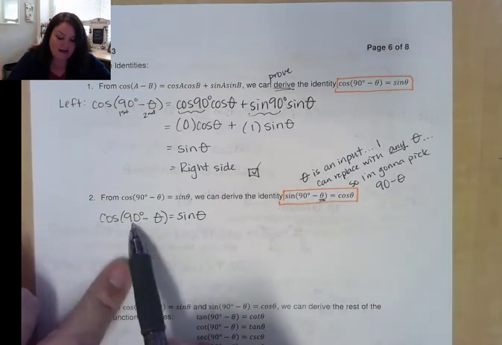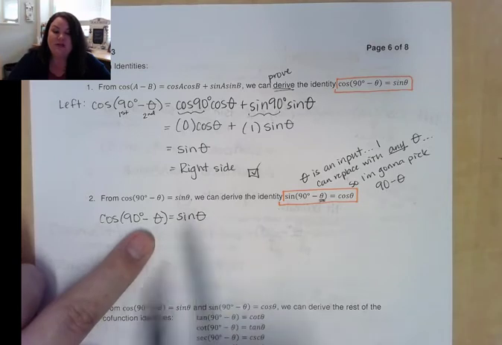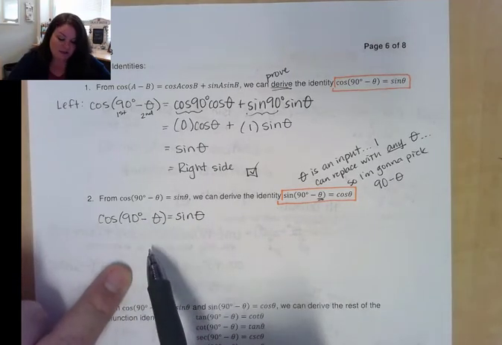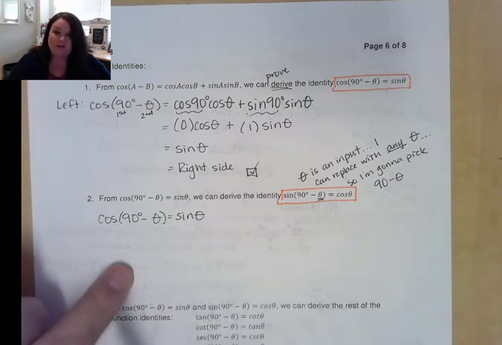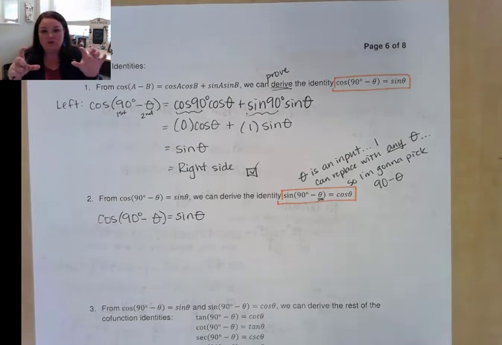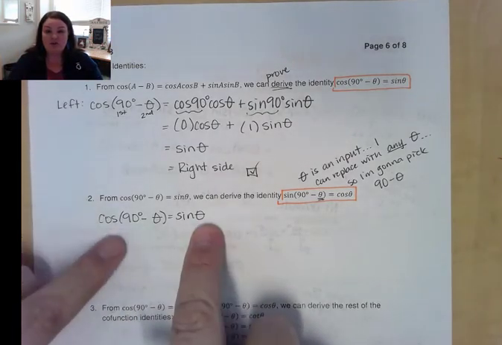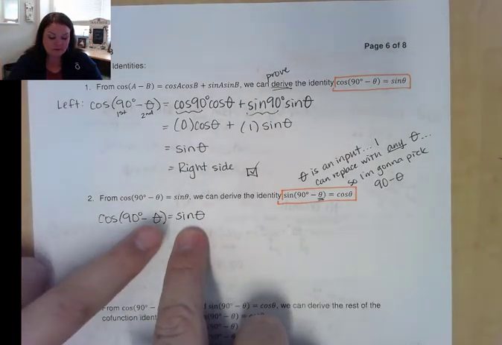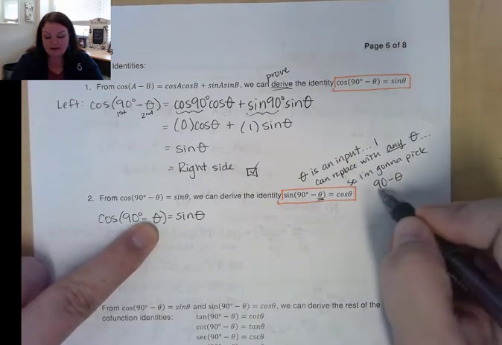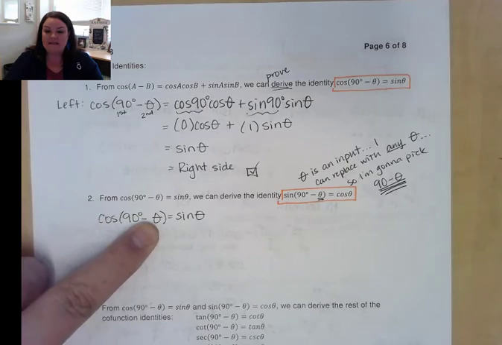I could say cosine of 90 minus alpha is equal to sine alpha. I could say cosine of 90 degrees minus 100 is equal to sine of 100, right? I could put in anything I want as long as this statement remains true, which we know it is. So for my input of theta, I'm going to specifically pick 90 minus theta.